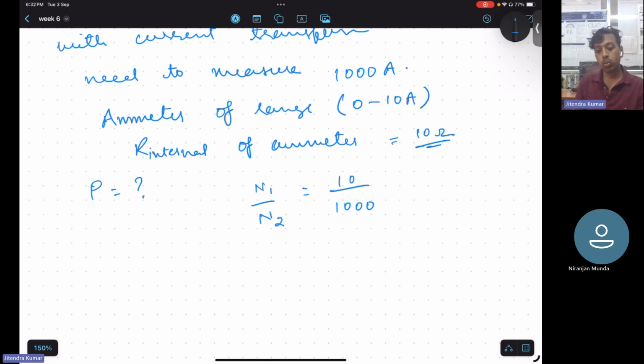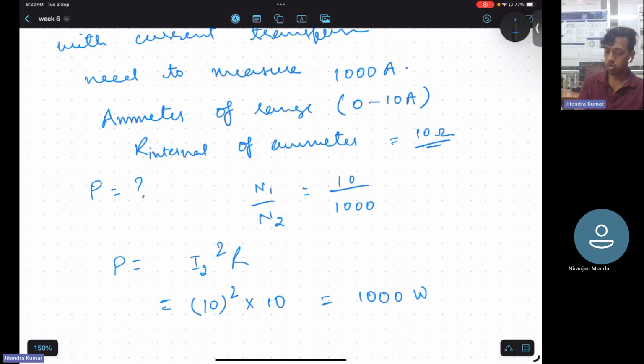Now, when 1000 ampere is flowing on the primary side, 10 ampere will be flowing on the secondary side, and the ammeter is connected on the secondary side only. We have been given the resistance of 10 ohm. So power loss is I2 square R, 10 square into 10, so it will come out to be 1000 watt, isn't it?